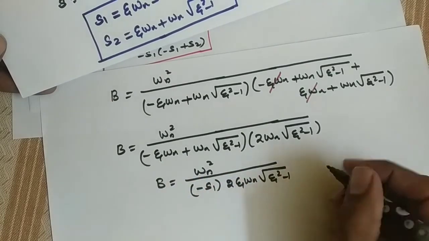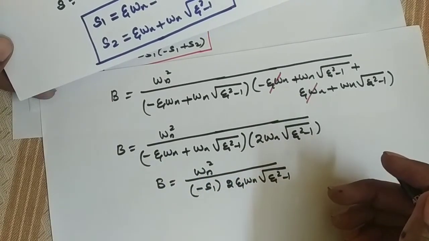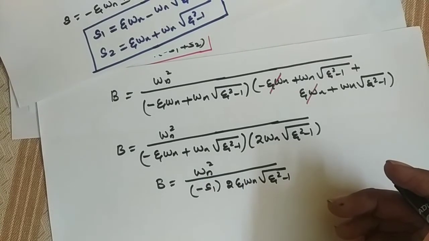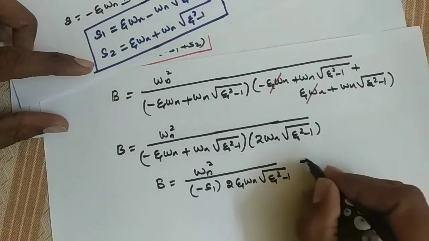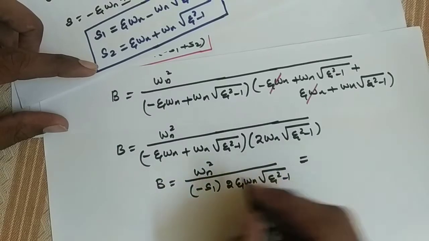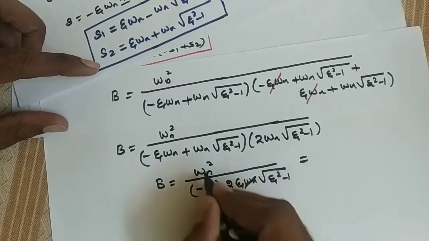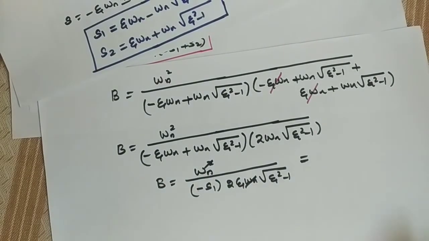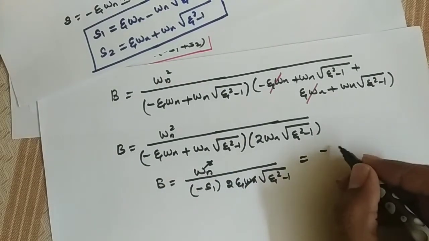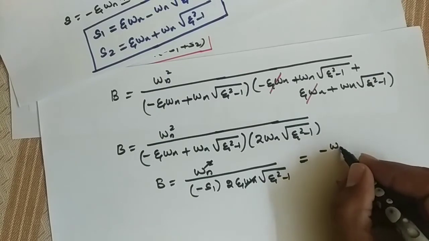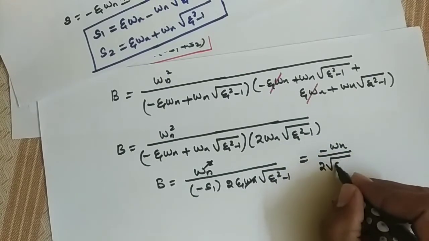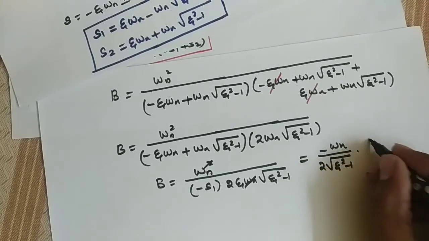So we can bring this minus sign in the numerator itself, and also we can cancel out one omega n from the numerator as well as the denominator. The remaining thing we are having is minus omega n divided by 2 root of eta square minus 1 into 1 by S1.